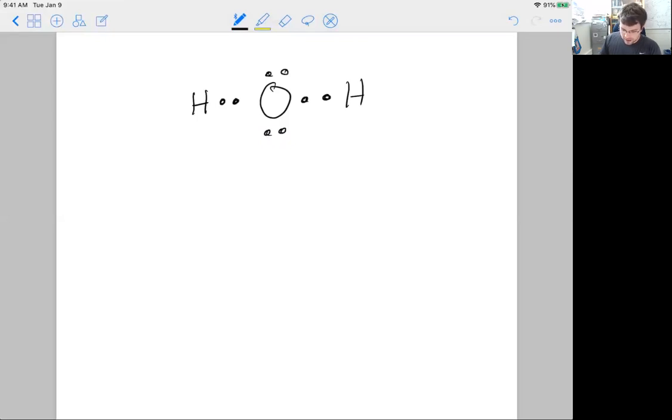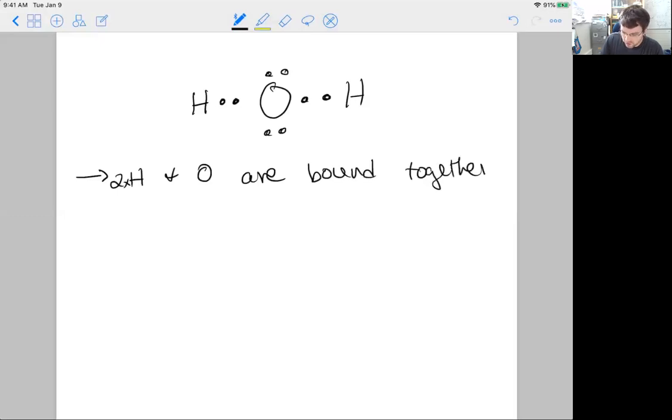But what about our hydrogen and oxygen atoms? In this case, their sacrifice is they're forever bonded to each other. Wherever that oxygen goes, the hydrogens must follow along. The 2 H and O are bound together through this covalent interaction, or I could say via the covalent bonds.